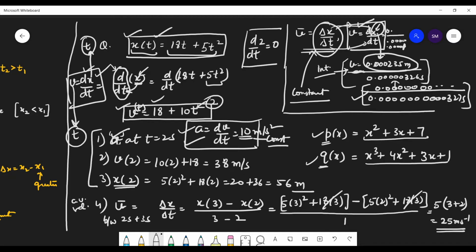You can see the velocity at 2 seconds is 38 meter per second, and velocity at 3 seconds should be greater. So this answer is supposed to be more. At 3 seconds, the velocity will definitely be 10 into 3 plus 18, so this answer should be more actually.